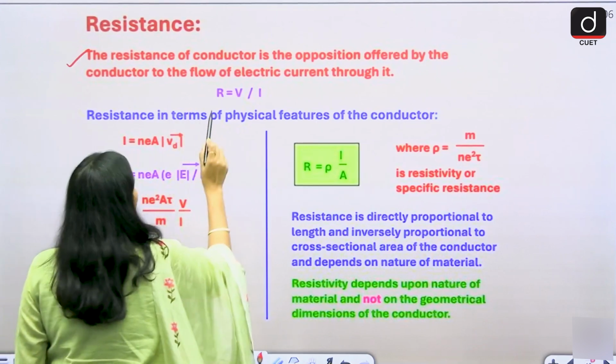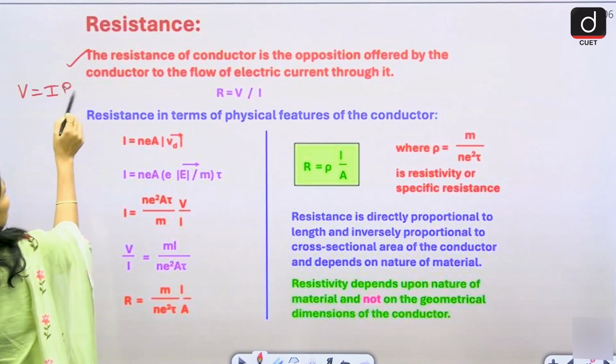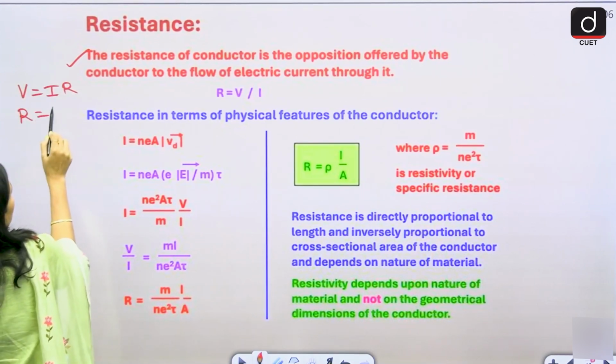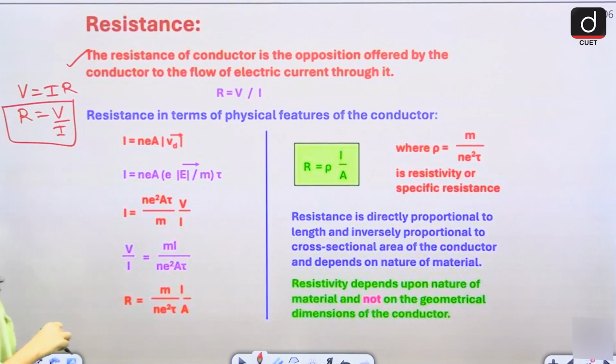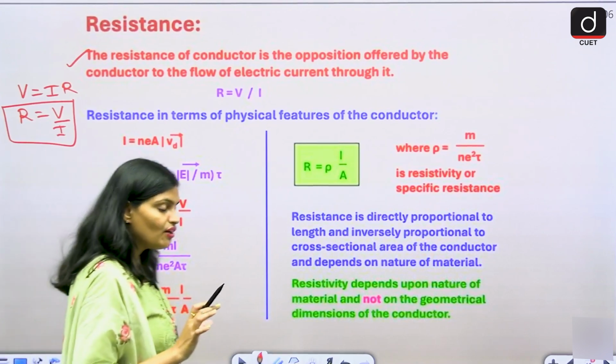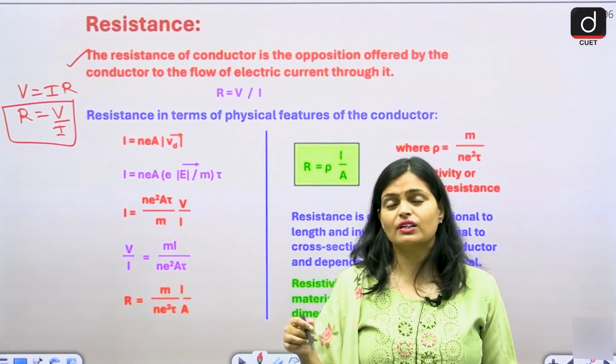So R, how can you write R? See, V is equal to IR. So from here you can calculate R is equal to what? V by I. Okay. It is a property of a conductor, or you can say any object. Suppose you have an insulator.